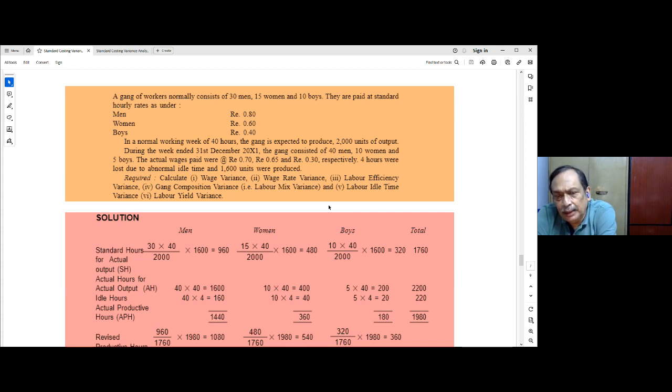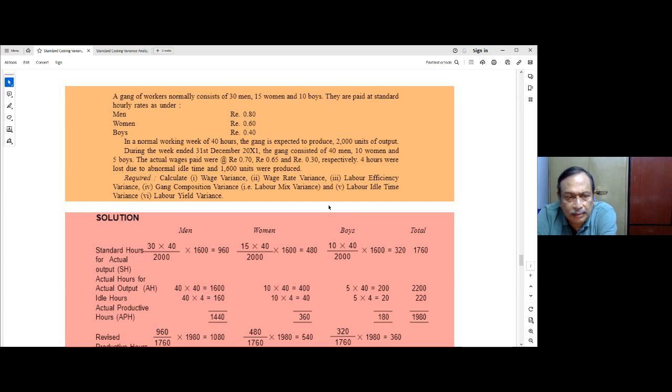In a similar manner, 15 into 40 divided by 2000 into 1600 comes to 480 for women. And last but not the least, boys: 10 into 40 divided by 2000 into 1600 comes to 320.